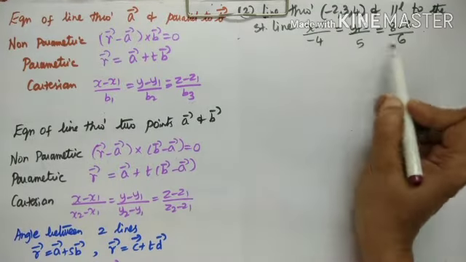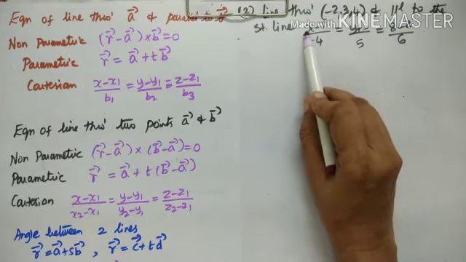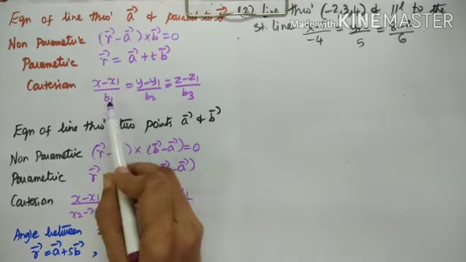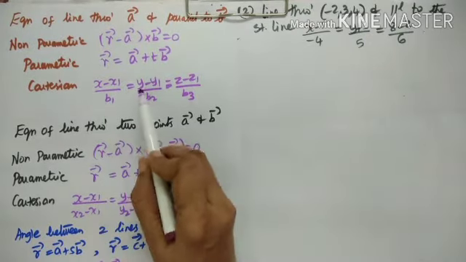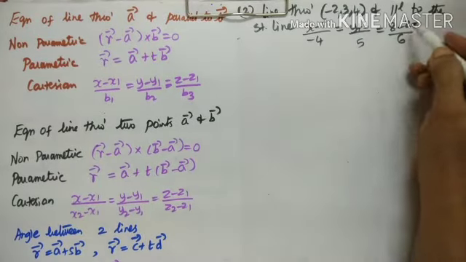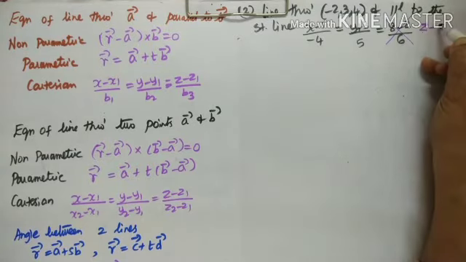Before writing the denominator, ensure that the numerator is with +x, +y and +z. Notice our equation will be x minus, y minus, z minus pattern. Here it is -z, which is not correct. So let me rearrange this as z minus 8 by -6.